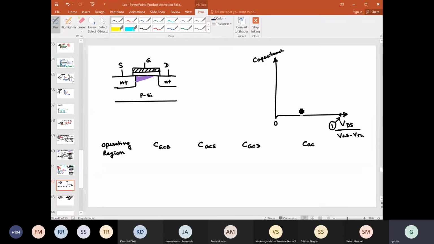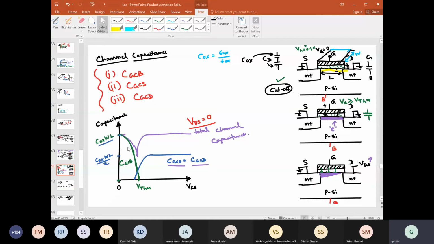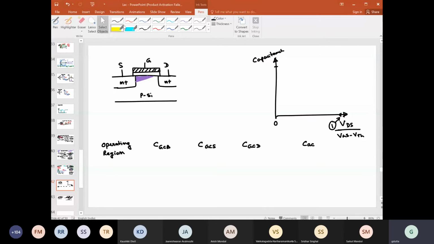So this is 1, and here we will make 2 points clear first. One is Cox W into L, so we write here Cox WL, and the other one is half of Cox W into L. So these 2 points we will mention here, right?